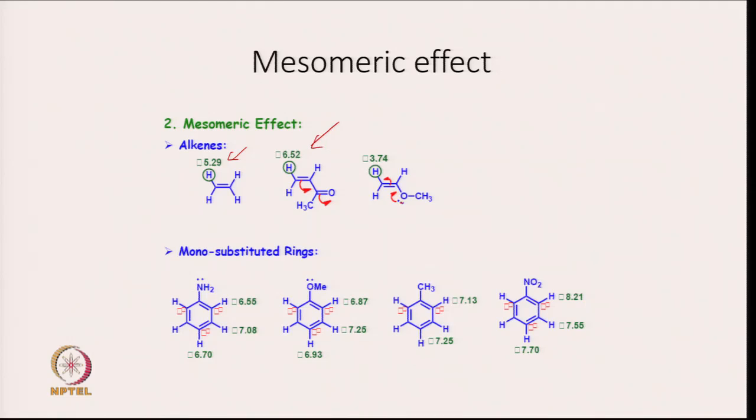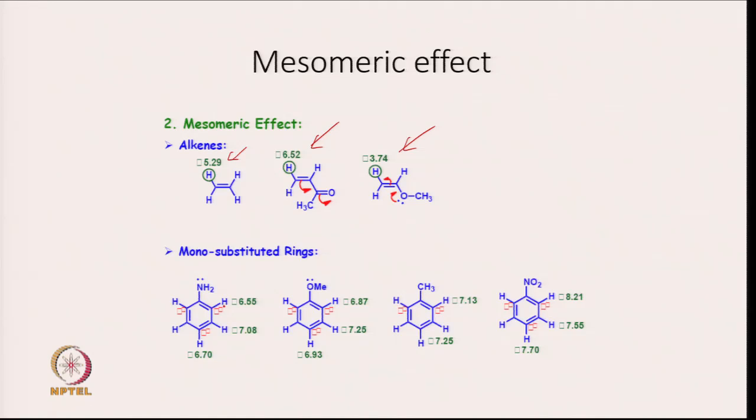What it does is take electron away from this hydrogen, and that is why the chemical shift is increasing. When the conjugation is such that electrons are moving towards the hydrogen, in that case your chemical shift will be smaller.